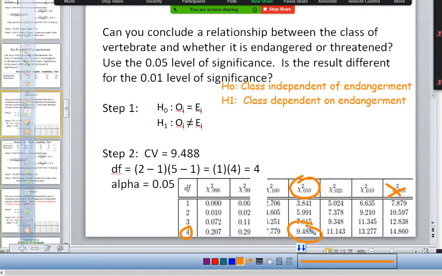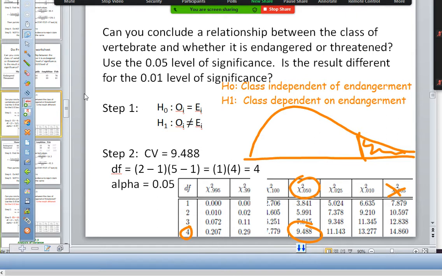So I'm going to draw a picture. Here's my picture, steep up and then off, and again shading over here, and that's going to be 9.488. Okay, so then we have step 3.